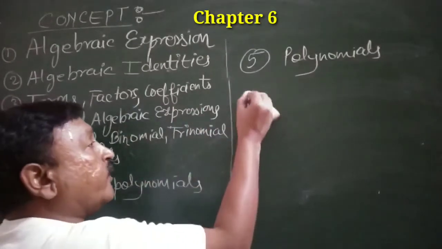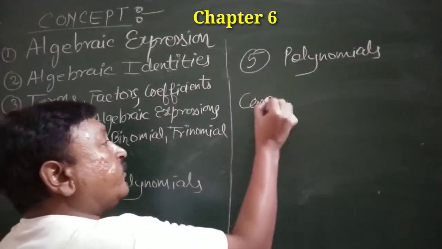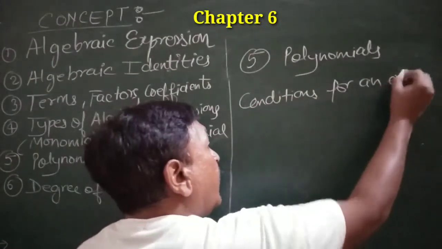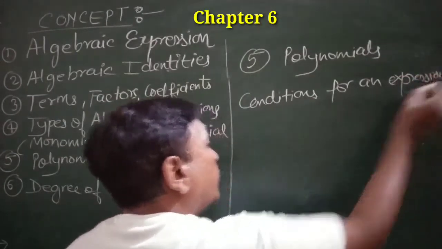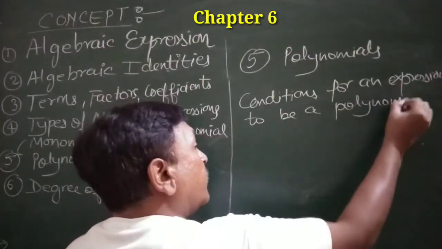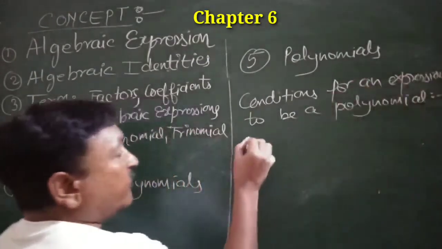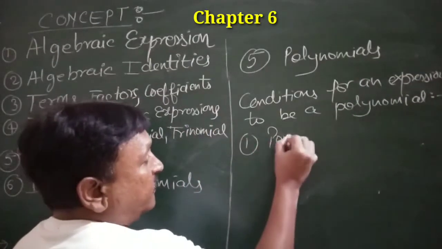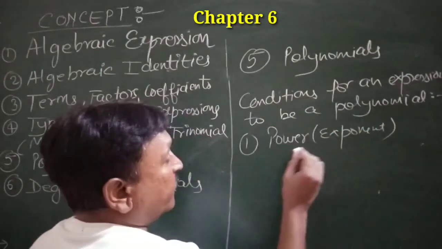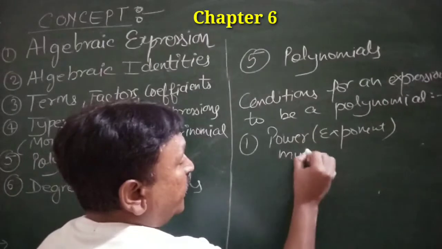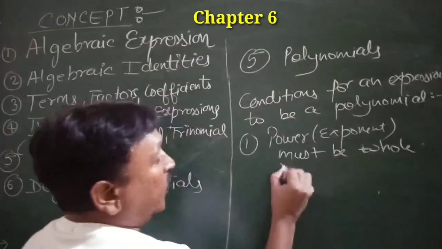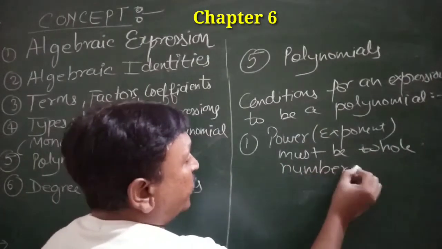First, the conditions for an expression to be a polynomial: the power, or we can say exponent, must be a whole number, which means it must be positive.